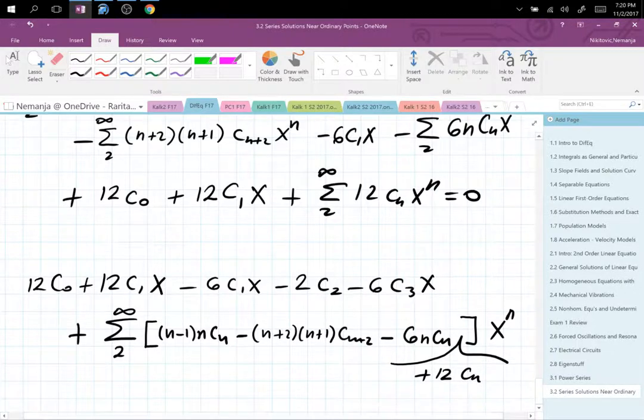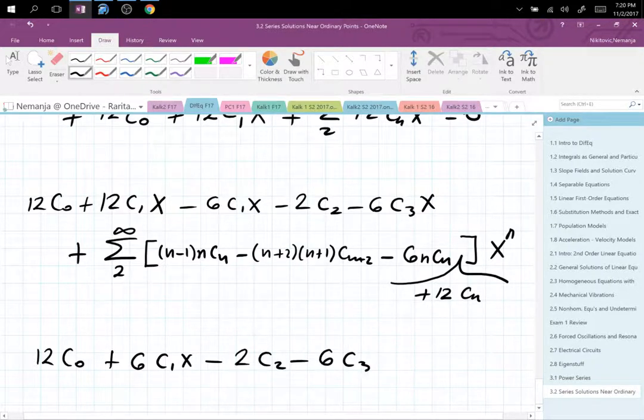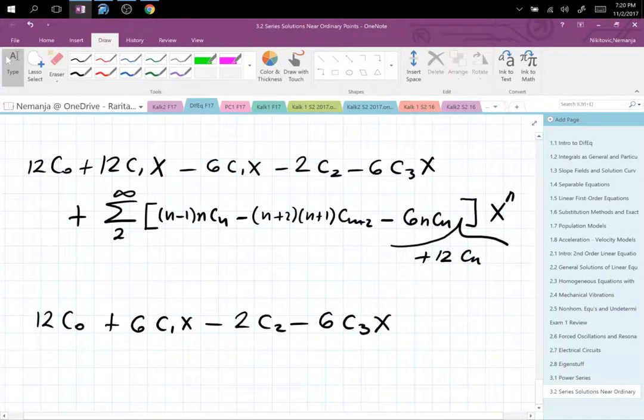Let's do a little more work over here. We have 12c0. Now these combine into 6c1x, so plus 6c1x, minus 2c2 minus 6c3x, plus the summation from 2 to infinity. Observe that the plus 12 over here is a cn term, and then there is this cn term and this cn term. So there are 3 cn terms that we can smoosh together.